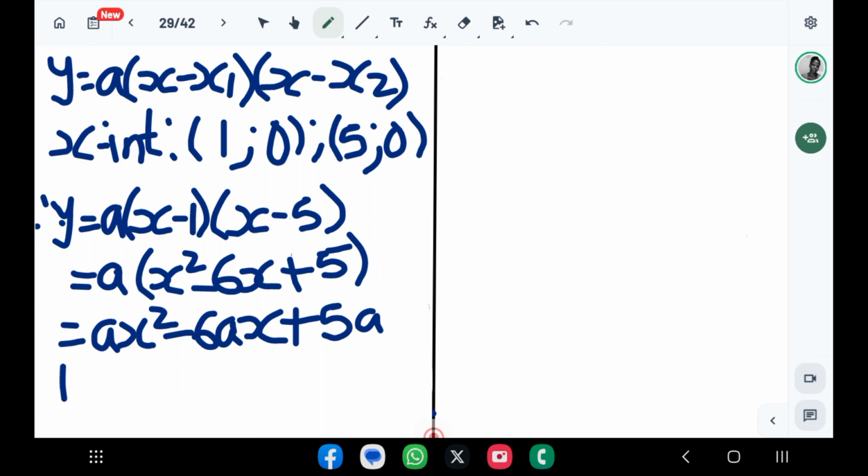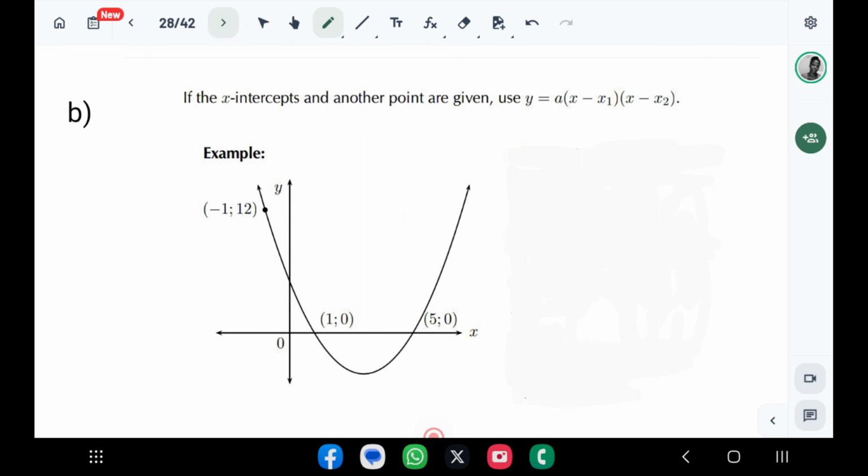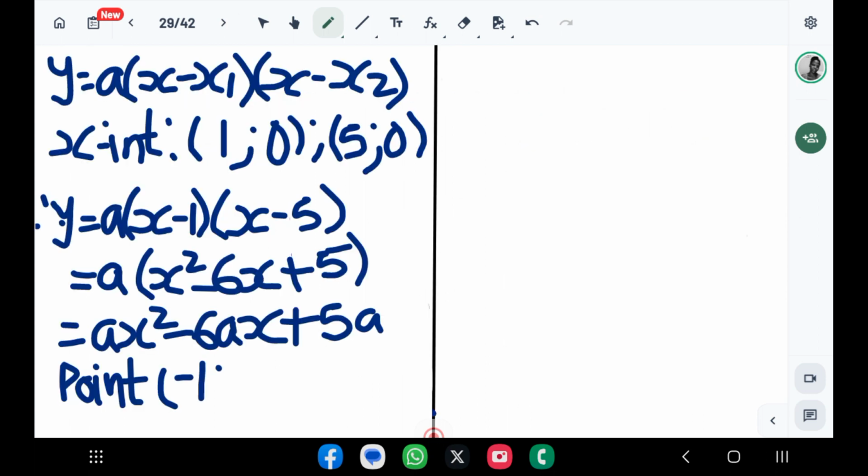Okay, this point negative 1, 12 lies on y.